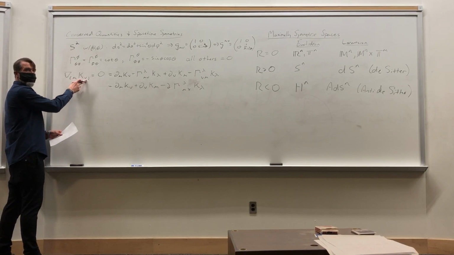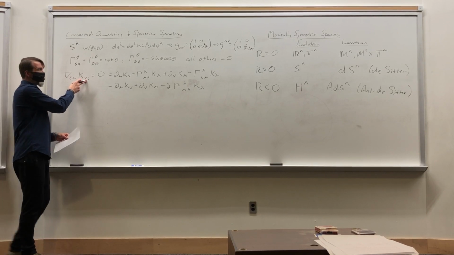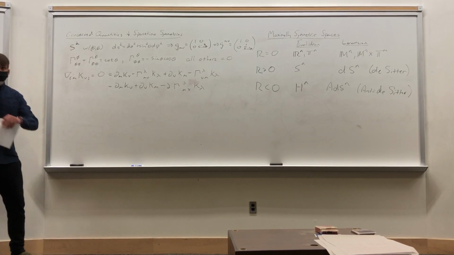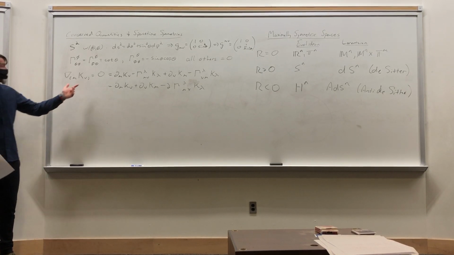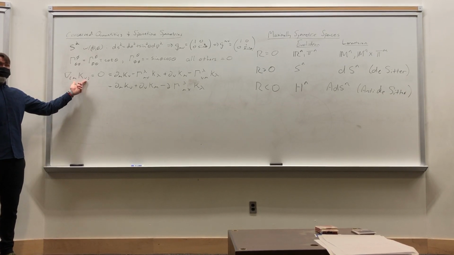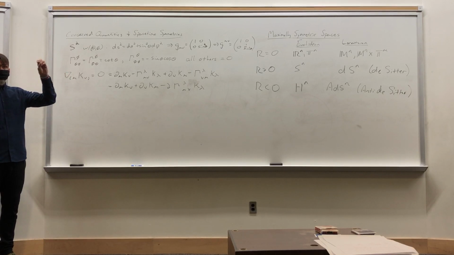Now, how many distinct equations do I expect this to give me? Not scalar equations, but component equations. This is a 2 by 2 matrix, right? However, it is a symmetric matrix. So how many independent components does a symmetric 2 by 2 matrix have? 3.